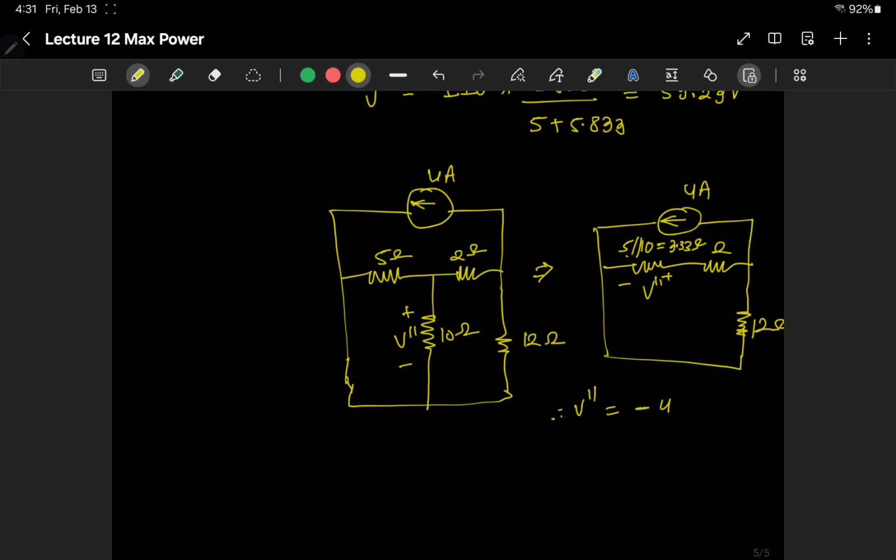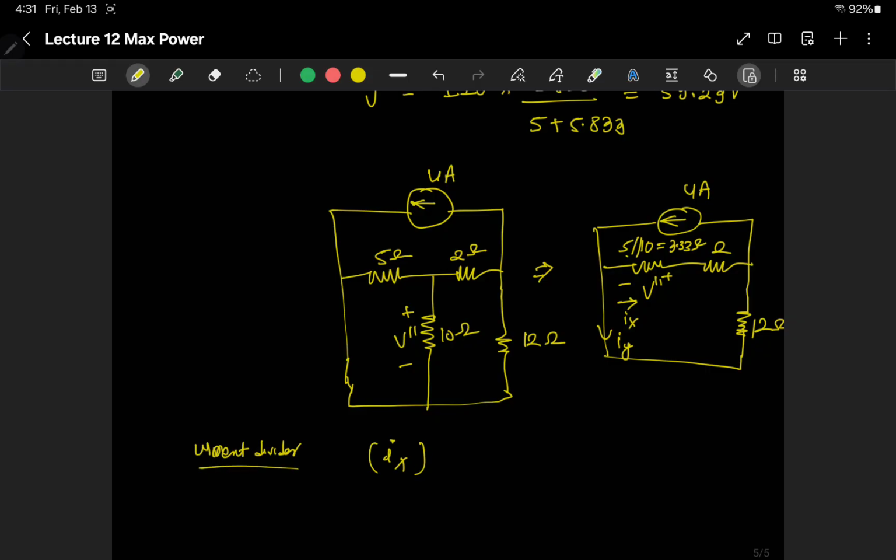Let's first calculate the current in this circuit. Let's say the current here is Ix, and the current on this side is Iy. We need to find Ix to find the voltage drop there, and Ix can be determined using the current divider rule.